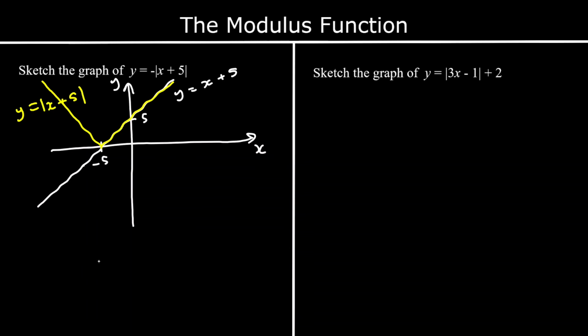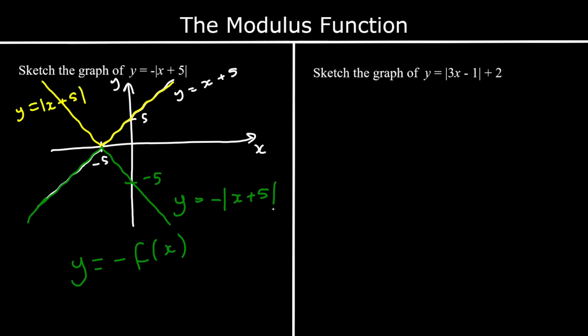So it's the same as when we have y equals minus f of x. All the positive y's become negative. So our graph will be this one. So it's going to cross at negative 5 now. So this green one is the graph we wanted to draw.